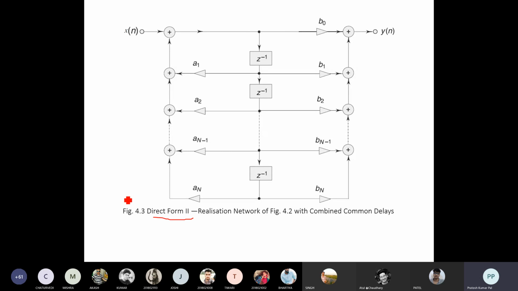So here, in terms of the number of delay functions required, we can get that the number required is n. In the previous one it was 2n.